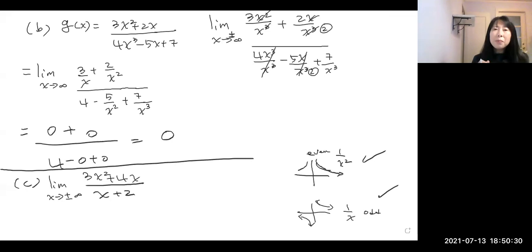So before, we were looking at the highest power, but actually we are looking at the highest power from the denominator. We took the highest power from the denominator earlier in a and b. But in this case, looking at the denominator, just x, right? But x is not the highest power in the rational expression here. The highest power is x squared. So we're going to divide by x in this case.